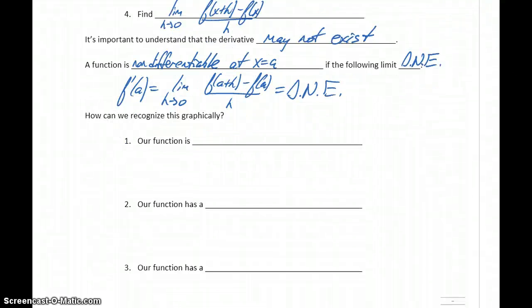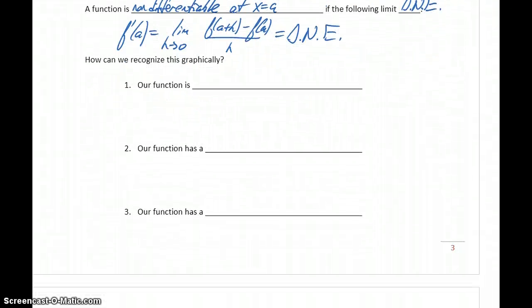So visually, what this means for the derivative to not exist, our derivative can fail to exist, or that limit can fail to exist, if our function is discontinuous at some point x equals a.